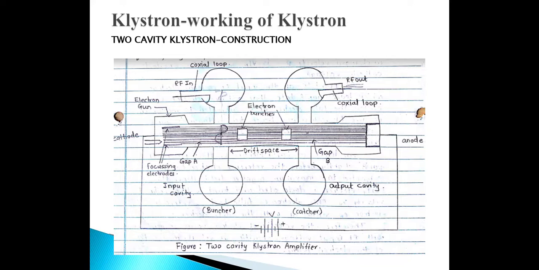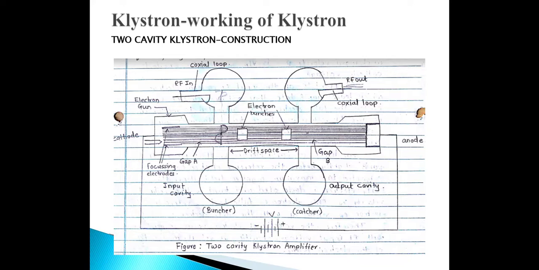This electron EE falls back and the reference electron ER catches up with the early electron. Therefore, the velocity of electrons varies in accordance with the RF input voltage, resulting in velocity modulation of the electron beam.